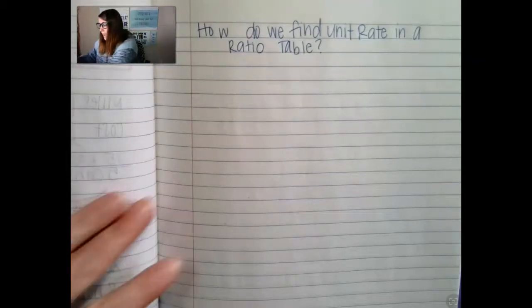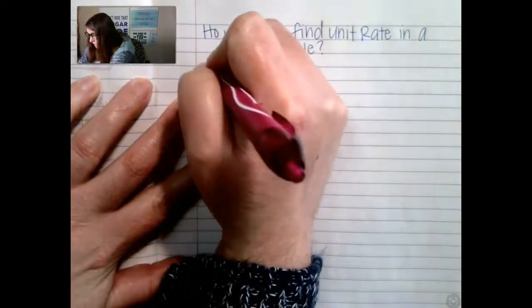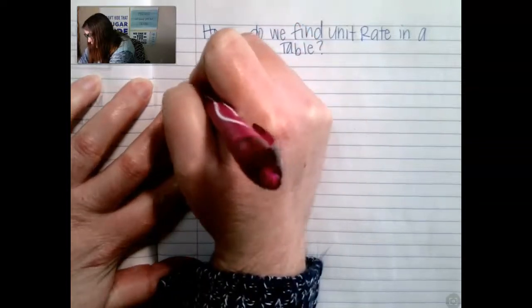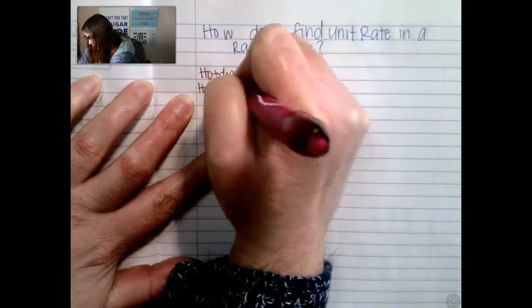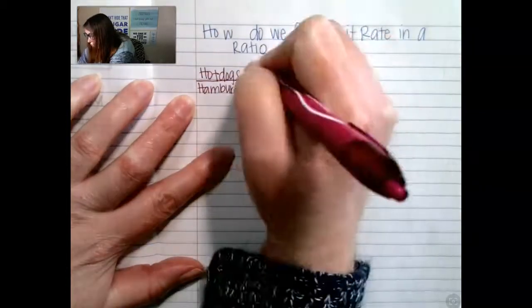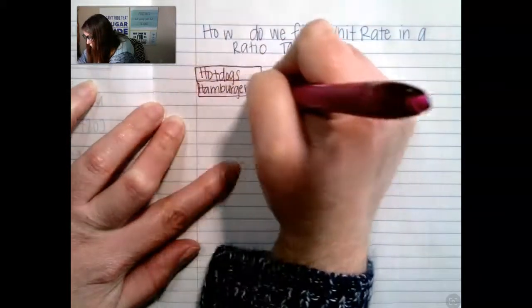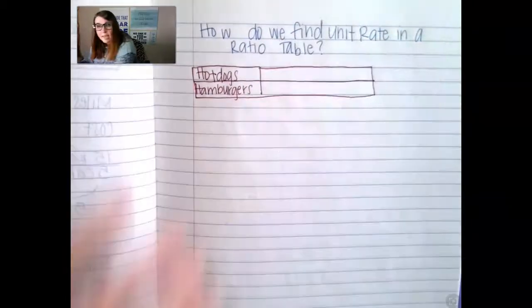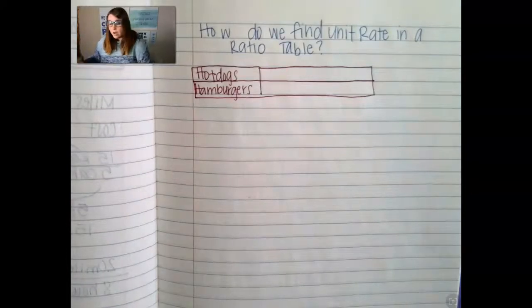Let's compare the first ratio, hot dogs to hamburgers. Let's say you own a food truck, and in your food truck you sell hot dogs and hamburgers.